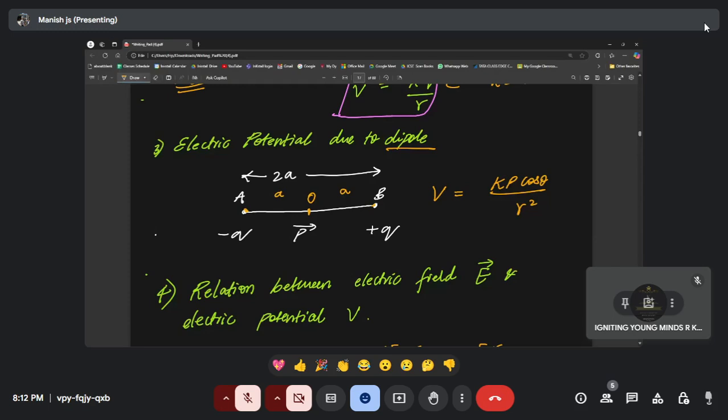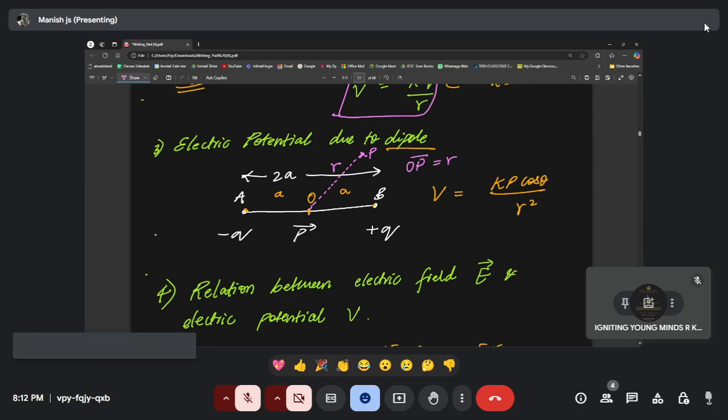So I'm locating an arbitrary point P at a distance of R from the midpoint of the axis of the dipole O, such that OP is equal to R.